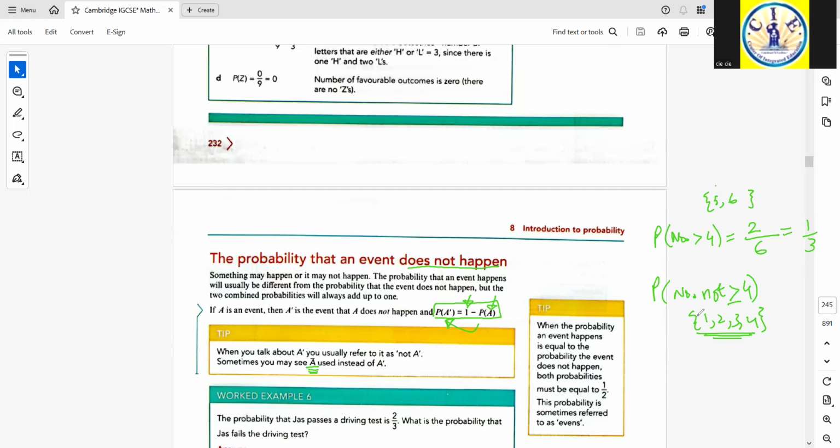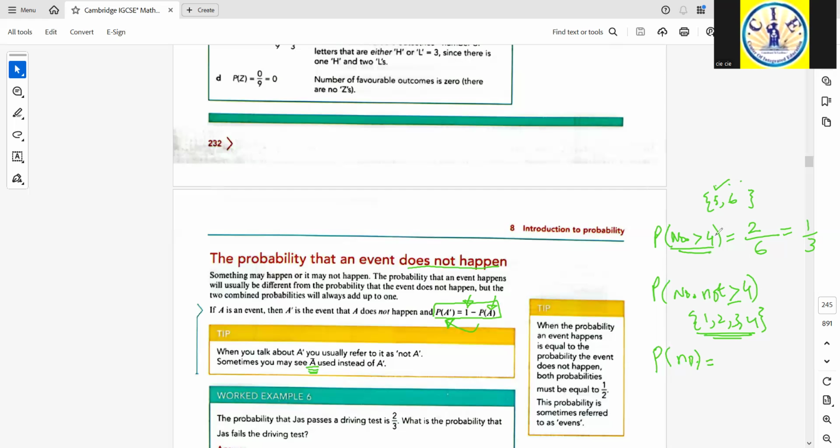For example, for the number greater than 4, the numbers were 5 and 6, obviously.